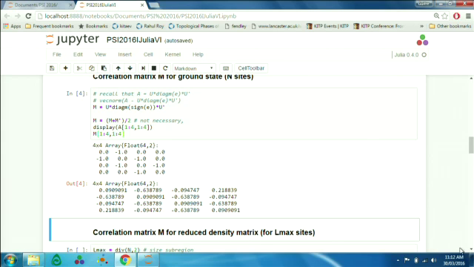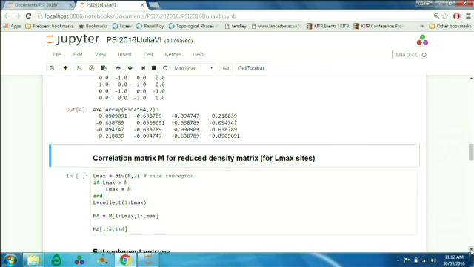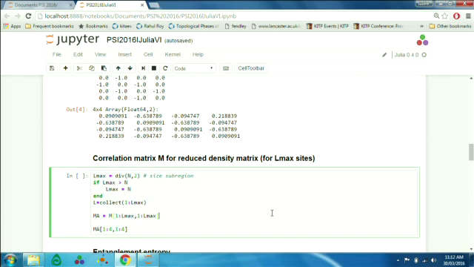And so now, how do we compute the correlation matrix for the reduced density matrix? That's very simple. We decide that we want to study, say, a region of L max spins. So we go to the matrix M, and we define MA as a restriction of the matrix to L max times L max.